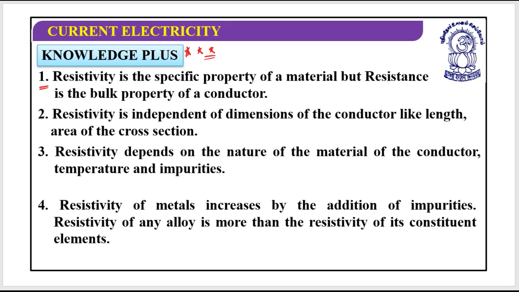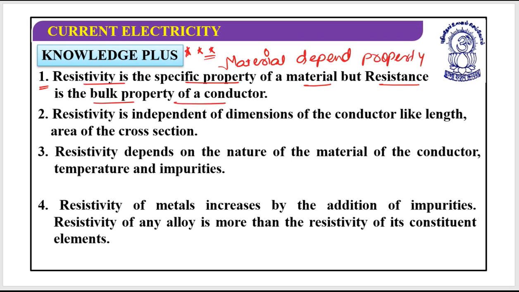So let's begin. First, resistivity is the specific property of a material, but resistance is the bulk property of a conductor. Resistivity is a material dependent property. But resistance is the bulk property of a conductor.